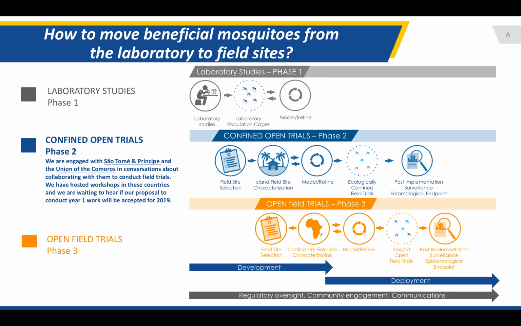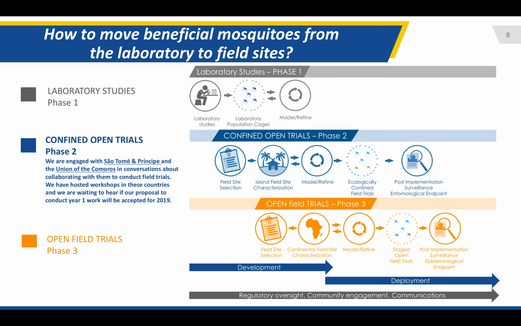The second step will be the confined open trials, which means those small islands that I talked about in the previous slide. And we are currently engaged with Santo Tomé and Principe and also the Union of the Comoros. We are in conversations with them to try to conduct some field trials there.